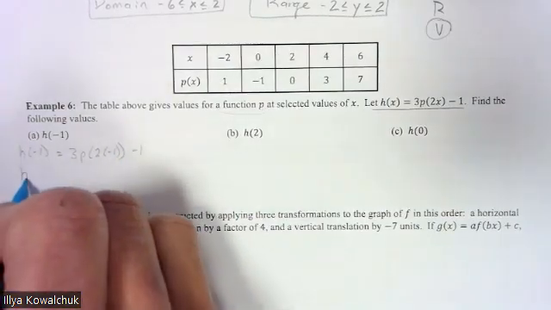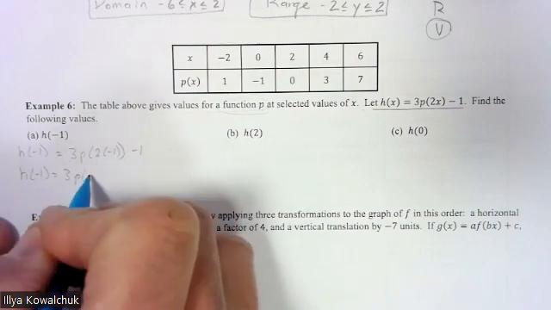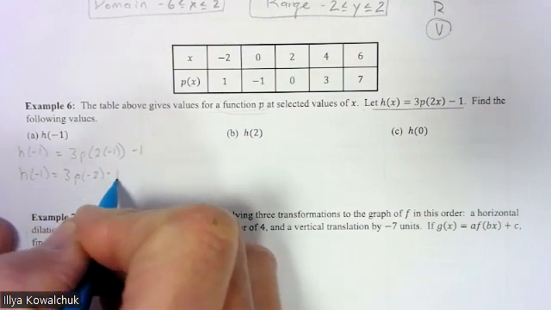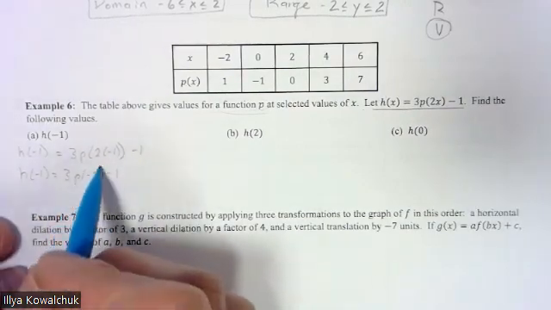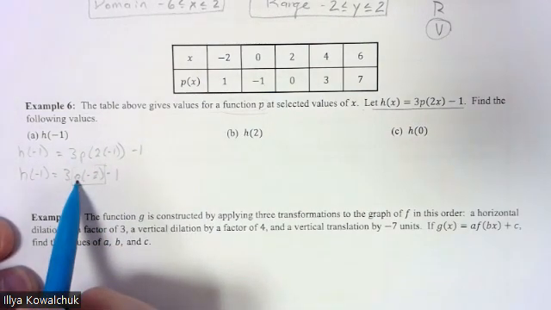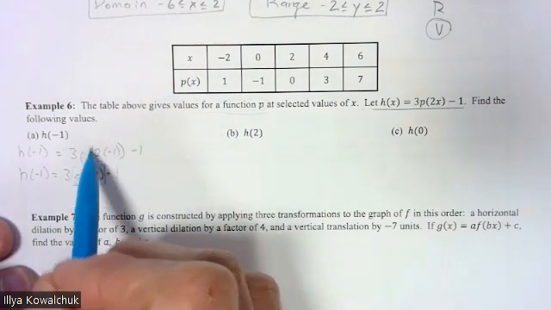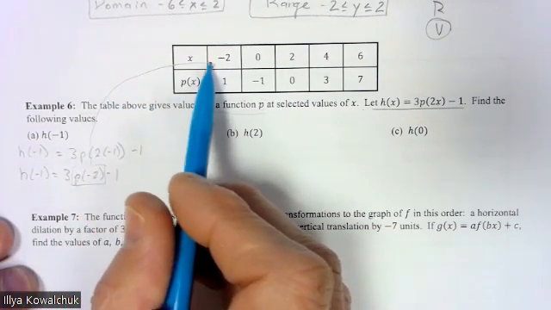Stay with me. h of -1 equals 3 times p of 2 times -1, which is -2, minus 1. Now, this thing here, this p of -2, what that means is what's the y value when x is -2 in this function up here? So really, all I'm looking at is this right there.